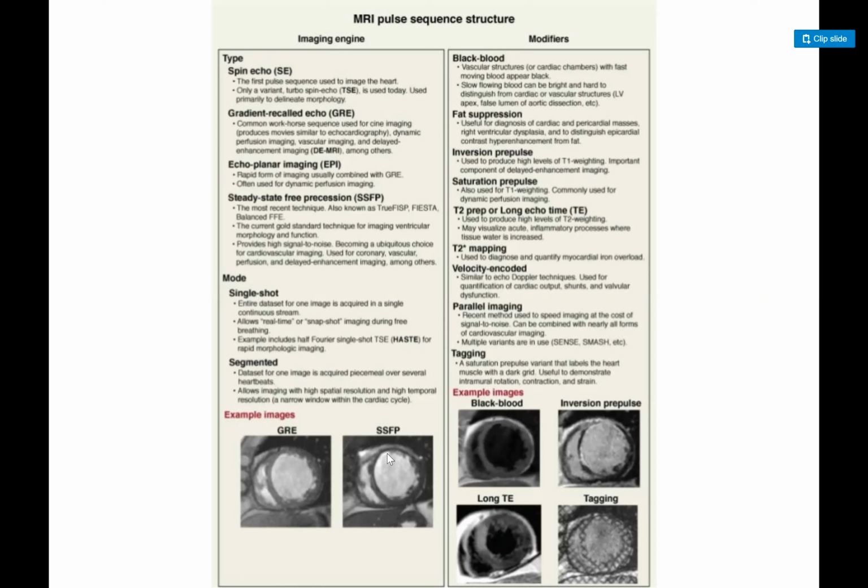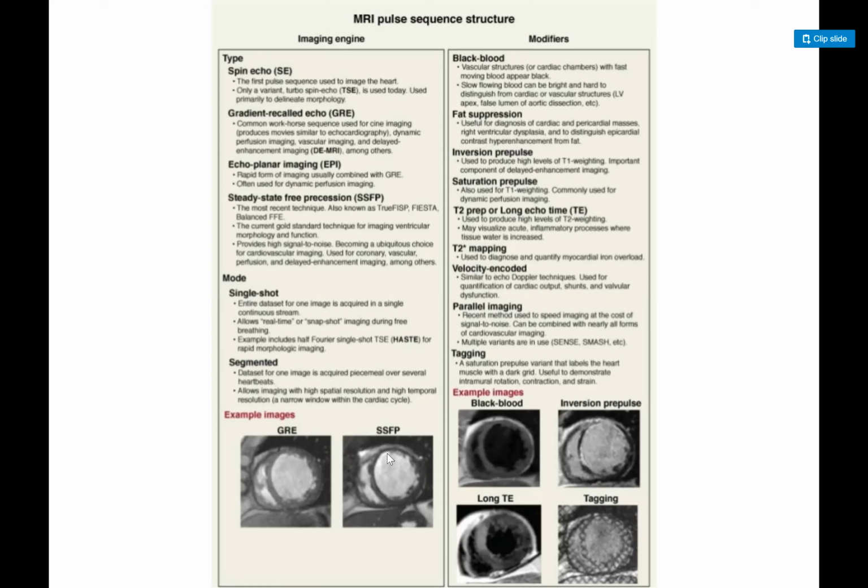It has good high spatial resolution and high temporal resolution. So you have to tell the scanning person that you want segmented instead of single shot images in patients with atrial fibrillation, especially mitral valve disease patients, they have atrial fibrillation. So you want to do that in those patients. Otherwise, single shot works for most of the patients.